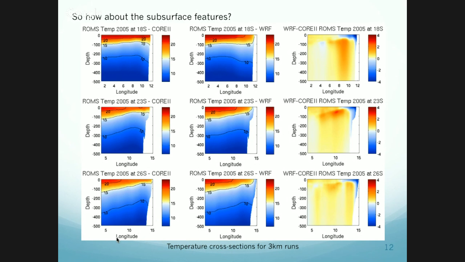When you make a difference plot, the core is cooler in the offshore region and warmer near the coast. So you get dipole patterns corresponding to each other. And if you look at the velocity field of core forcing, I think it's pretty consistent with that. I'll show it later.